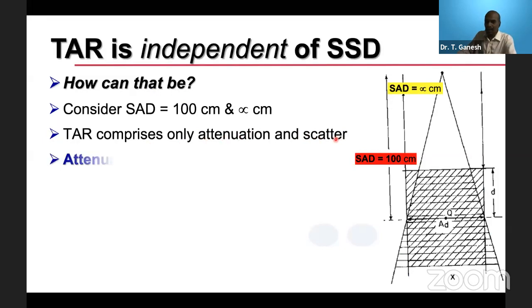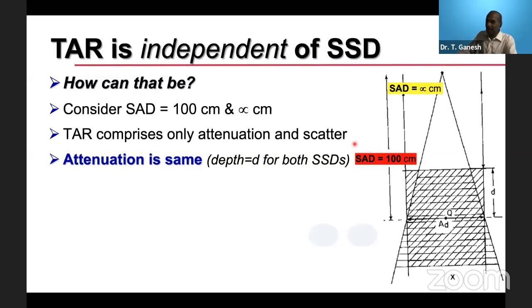There is no inverse square law coming into the picture. Attenuation is the same in both cases, because attenuation is going to be produced only by this. This is the point of interest Q, and above Q there is a depth of D of tissue lying above this point of interest Q. Fine. So the depth is equal to D for both SSD 100 as well as infinity.